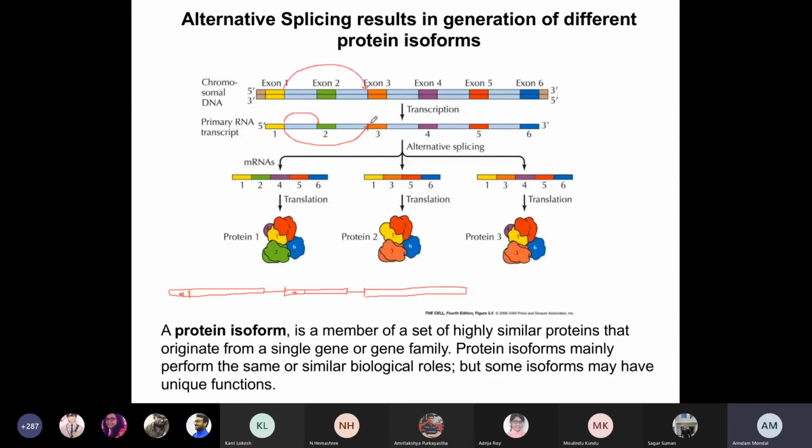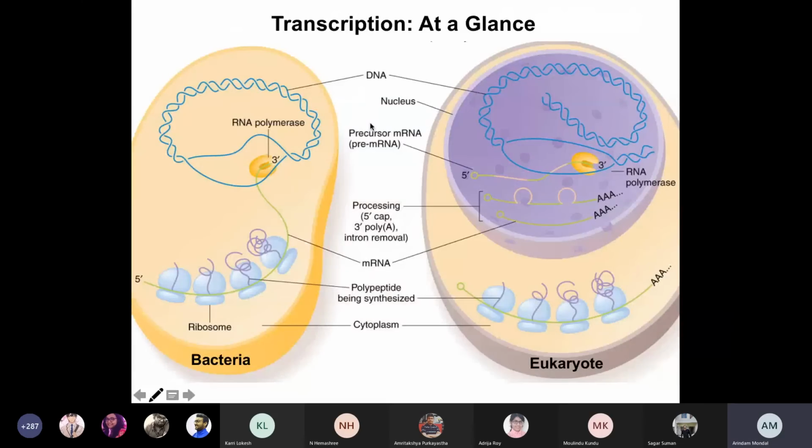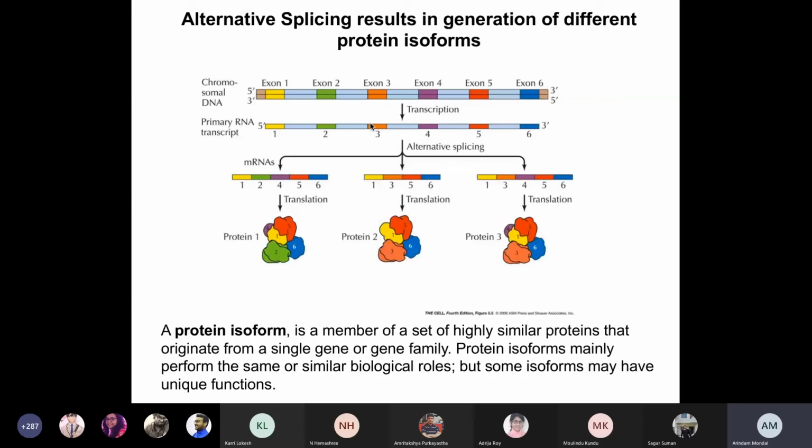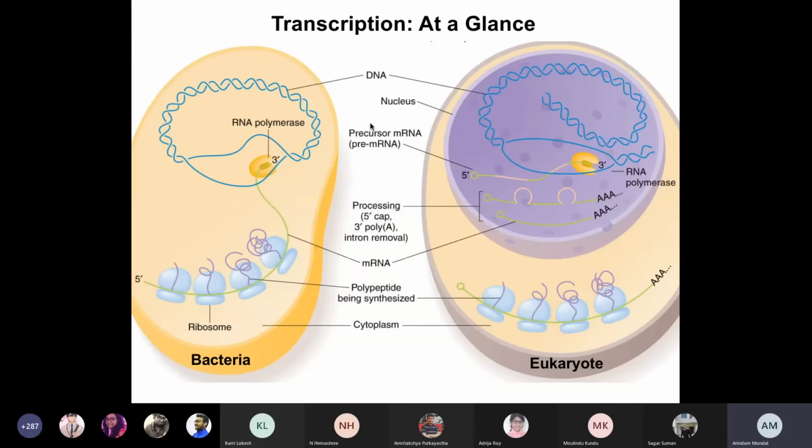All right, so we have talked about three different post-transcriptional modifications: capping, polyadenylation, and then the splicing. And again, these three post-transcriptional processes occur only in the case of eukaryotes. So in eukaryotes, DNA replication happens within the nucleus.